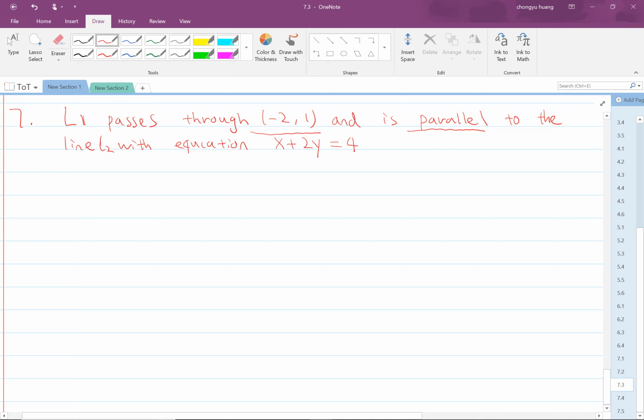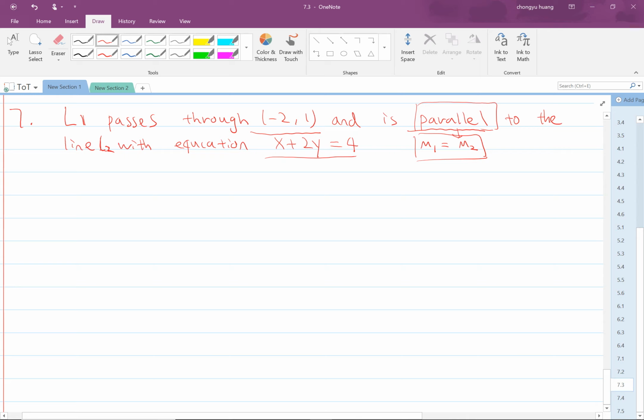Line L1 is parallel to the equation of this line. As I mentioned in the previous video, parallel means the slope of line 1 is equal to the slope of line 2. That's basically the meaning of parallel.